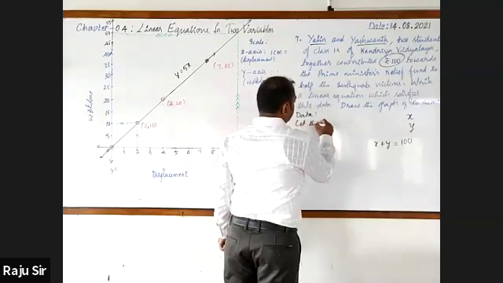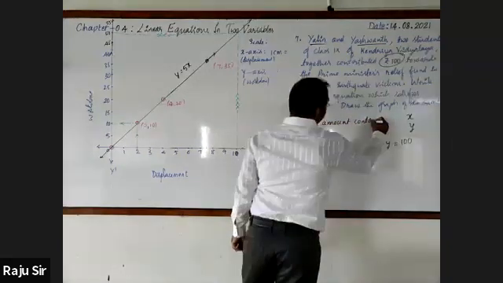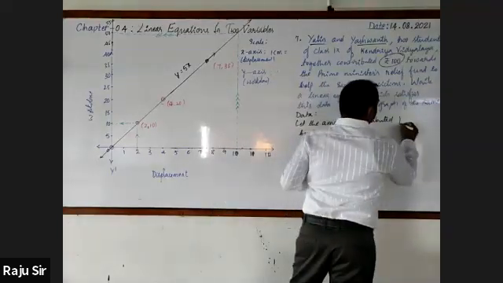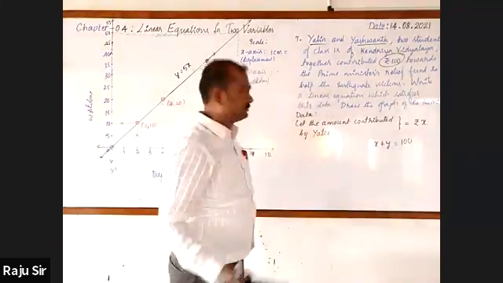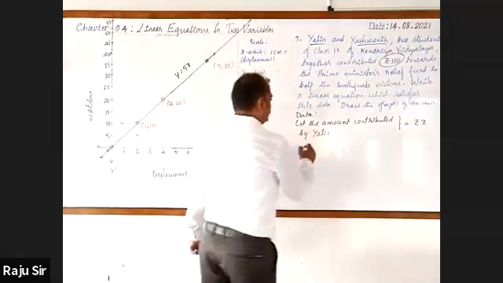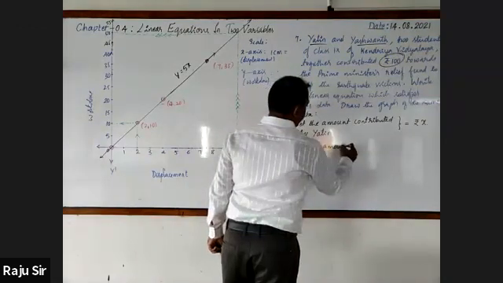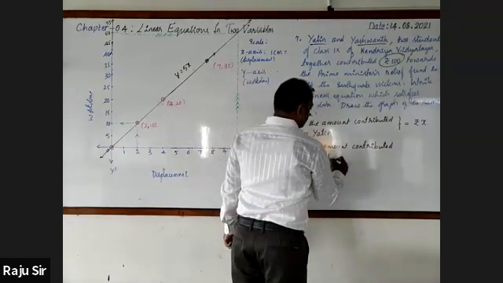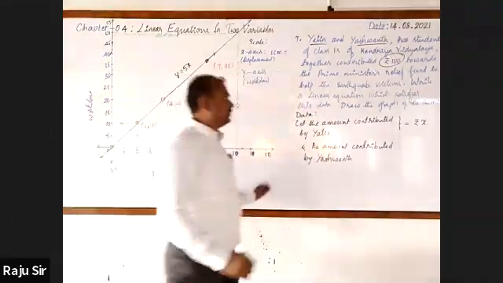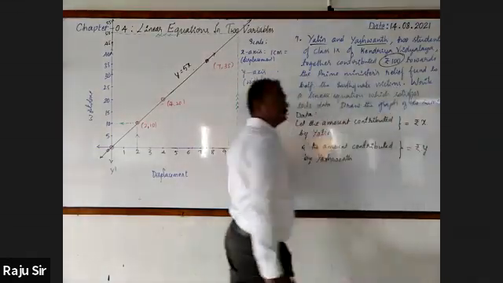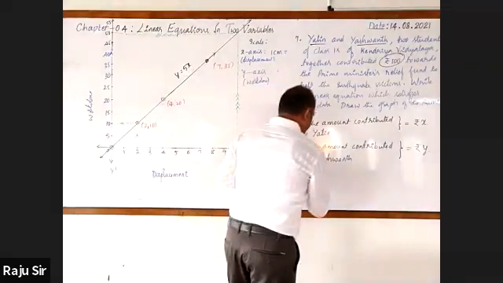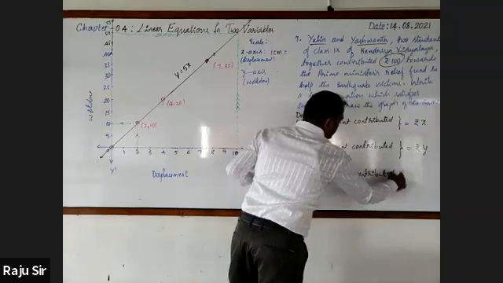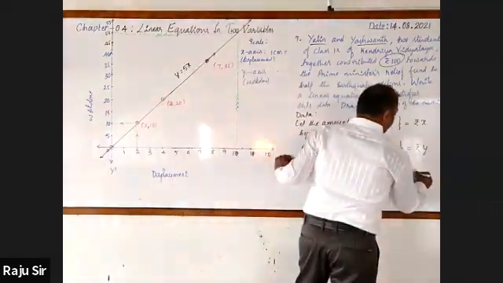Let the amount contributed by Yatin be rupees X. Next, the amount contributed by Yashwant, let it be rupees Y. Total amount contributed together is rupees 100.